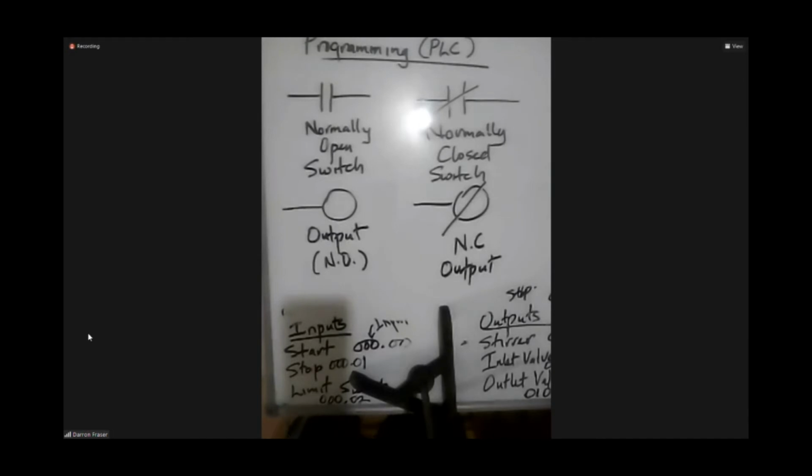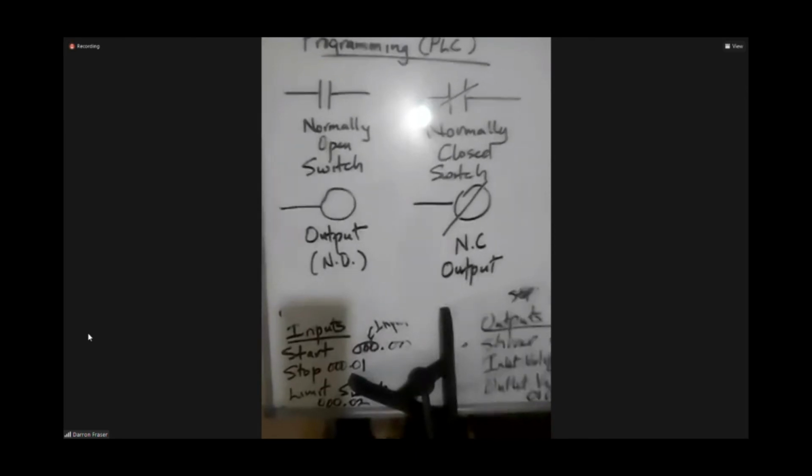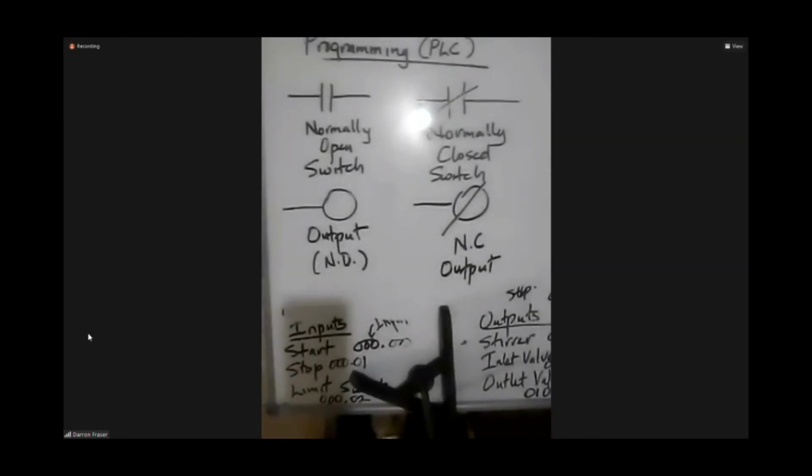Now, the other symbol that is used in the program, we are going to talk about because, if you remember the described process, we need a timer. So there are timers to time the process. And if you want to add, subtract, or count, we have special functions for those.